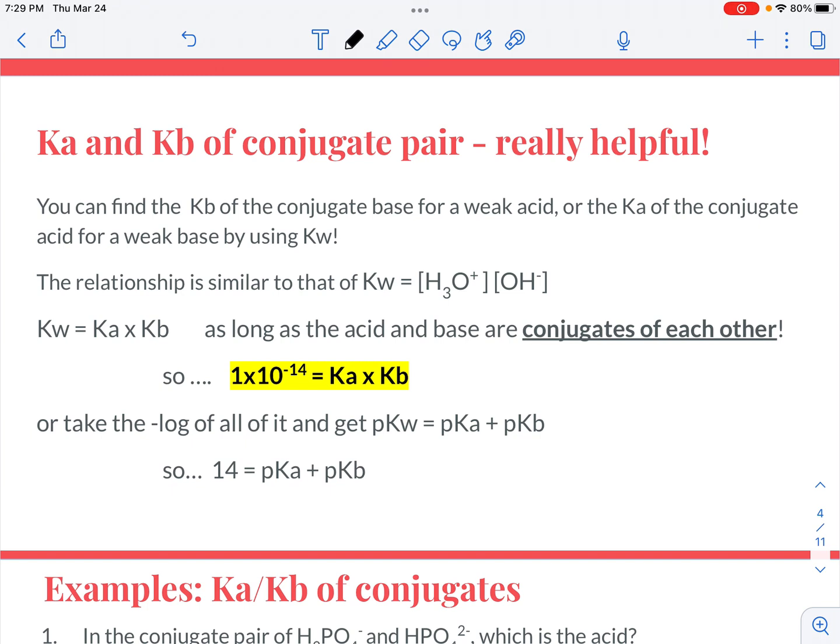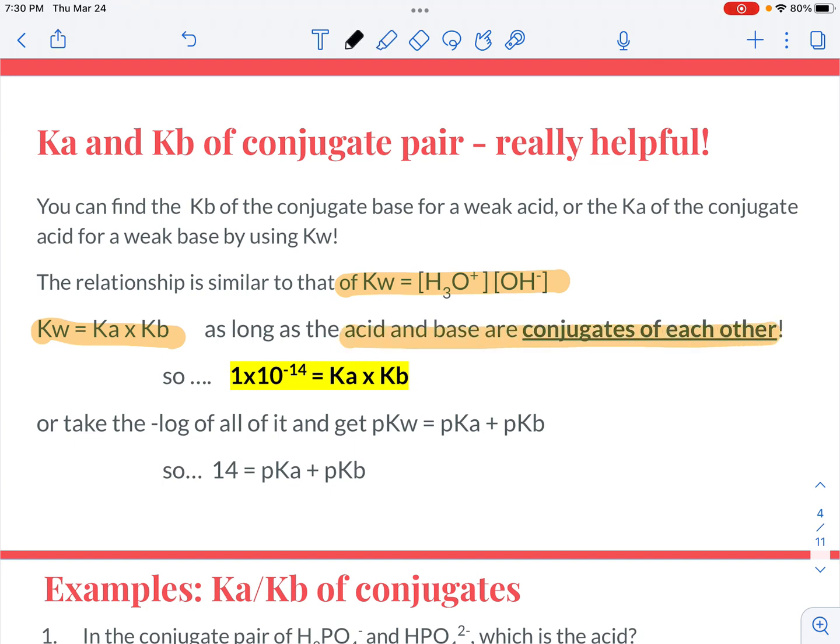So you can find the Kb of the conjugate base, or you can find the Ka of the conjugate acid by using Kw. The relationship that you've already worked with is Kw equals the hydronium ion concentration times the hydroxide ion concentration. Well, Kw also equals Ka times Kb, as long as the acid and the base are conjugates of each other.